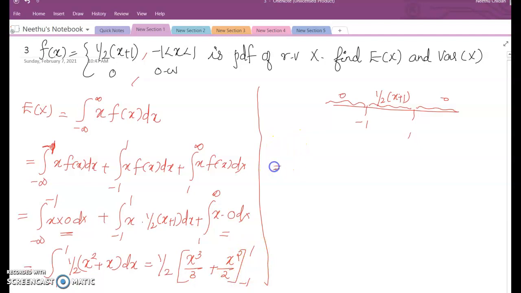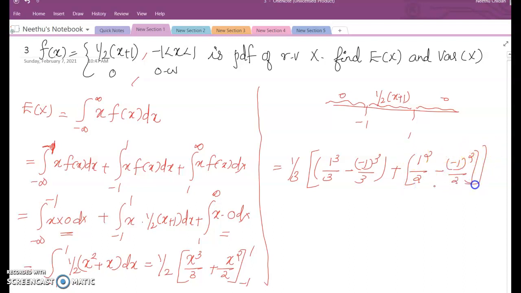Limit applied, this is equal to 1 by 2 into first term x cube by 3. Upper limit gives 1 cube by 3, lower limit gives minus 1 cube by 3. So for the first term, upper limit minus lower limit. For the second term x square by 2, applying the upper limit gives 1 square by 2 minus 1 square by 2.